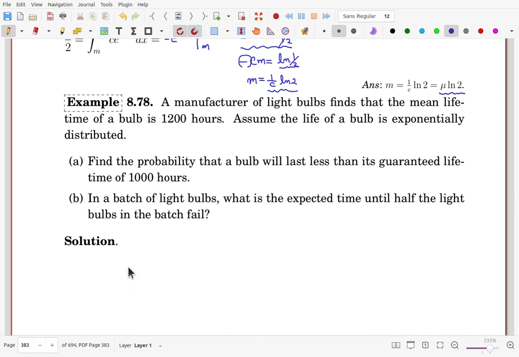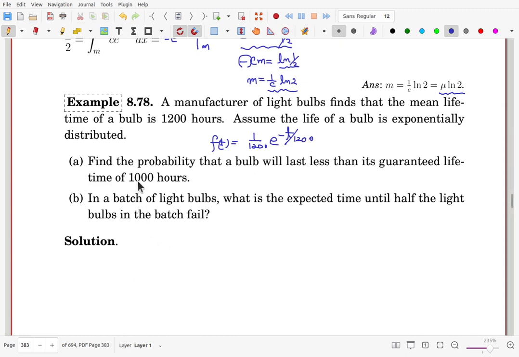That means that in the beginning, f of t, since the mean mu is given, is 1 over mu, so 1 over 1200, times e to the minus t over 1200. That is the PDF.